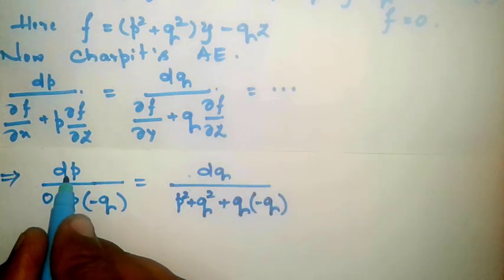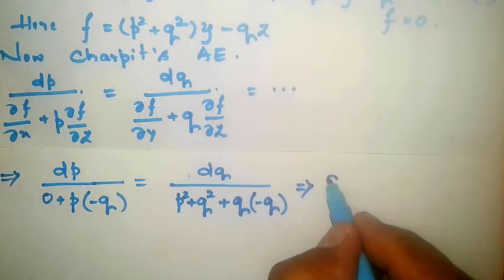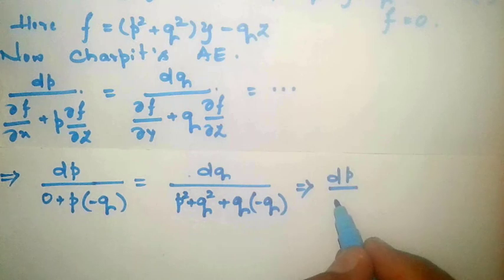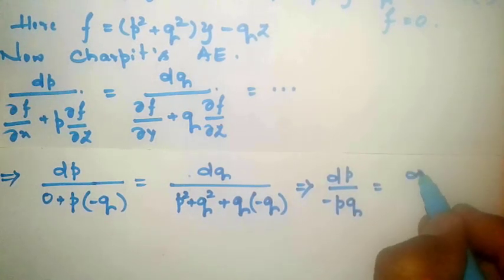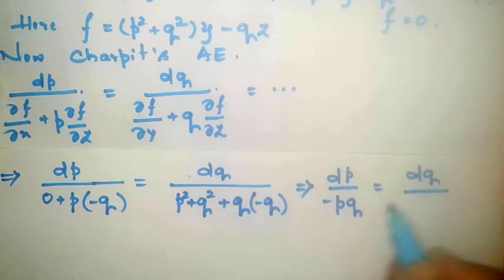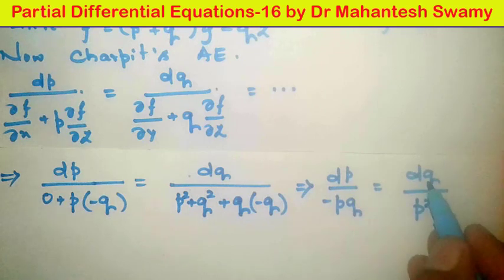So we are going to have here dp divided by, from these two members, dp divided by minus pq equals to dq divided by q square cancelled, it is p square. In the next step p cancelled, it is dp divided by 1 and dp divided by q.